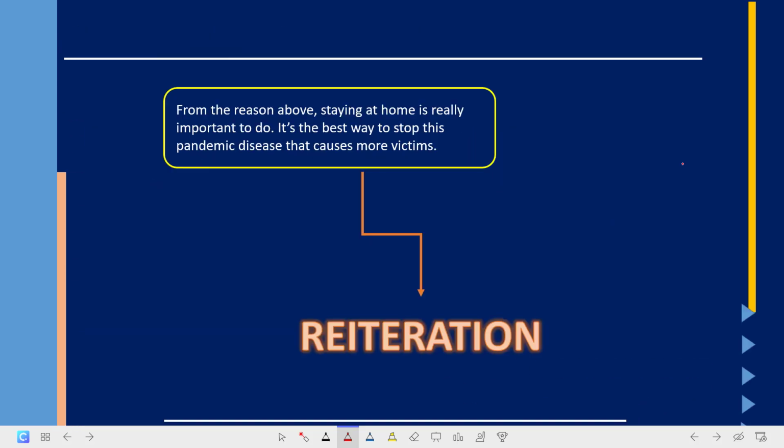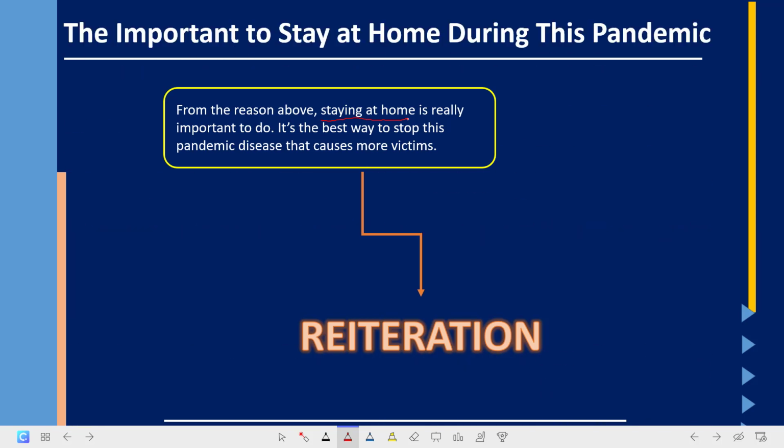Well, the last is reiteration. In reiteration, the writer tried to give a conclusion about what he discussed by restating or rewriting the topic. Look at this: staying at home. As we know, the title of this text is the importance of staying at home during this pandemic.